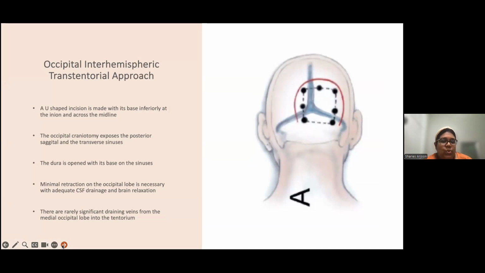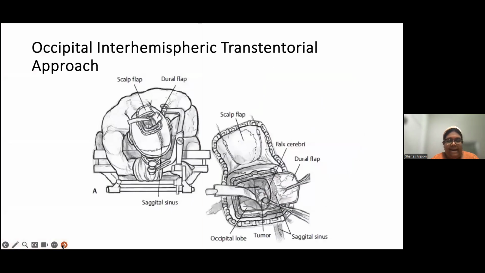The dura is opened with its base on the sinuses, and minimal retraction on the occipital lobe is necessary with adequate CSF drainage and brain relaxation. There are rarely significant draining veins from the medial occipital lobe into the tentorium. And here we can appreciate the positioning.